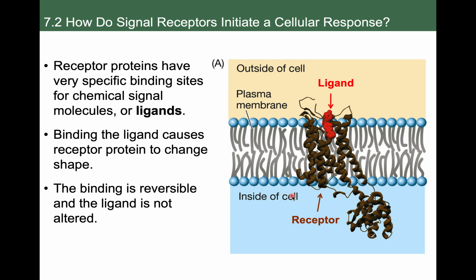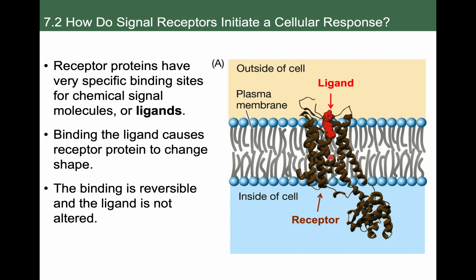So let's focus in on the first step in this pathway, which is the ligand signaling molecule binding to the receptor. Ligand is just another term for that chemical signaling molecule. And because the ligand, that signal, is usually coming from outside the cell or maybe even outside the organism, the receptor to perceive that chemical signal has to be on the cell surface in most cases.